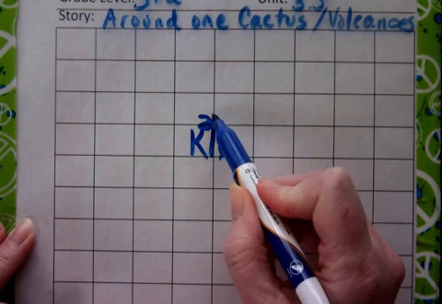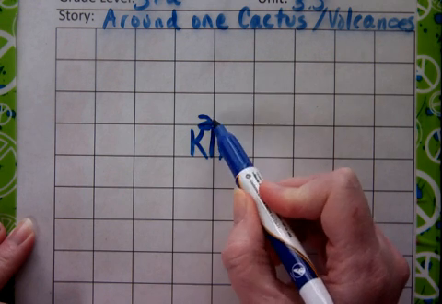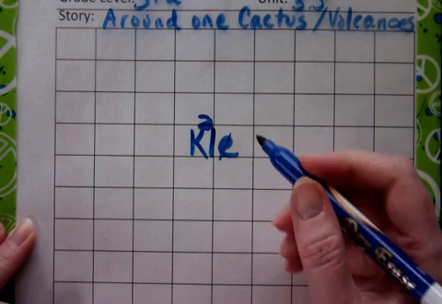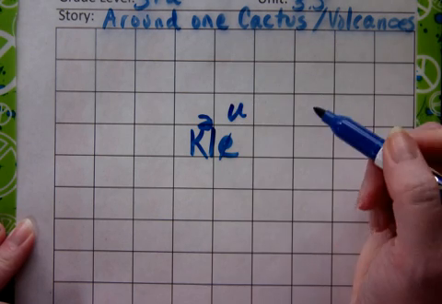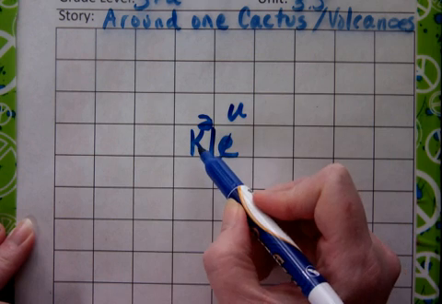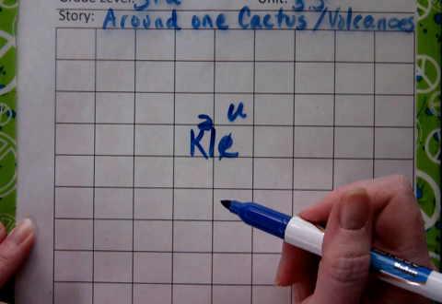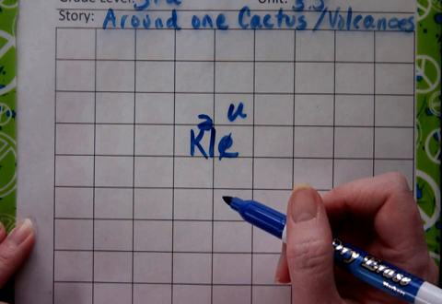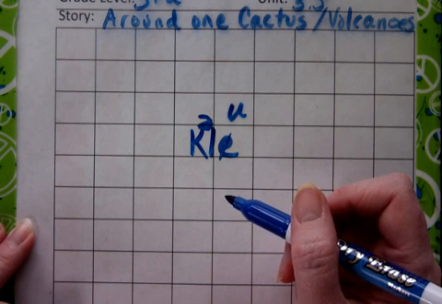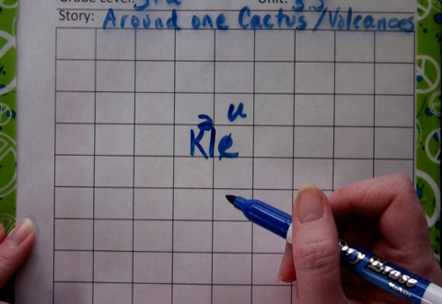Just imagine he spun around and landed upside down. An upside down E says like a U sound. So this syllable would say k-ul, cull, like wrinkle, and you'll have that word in your list.